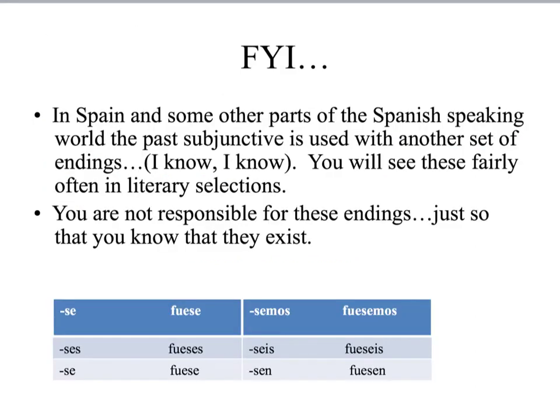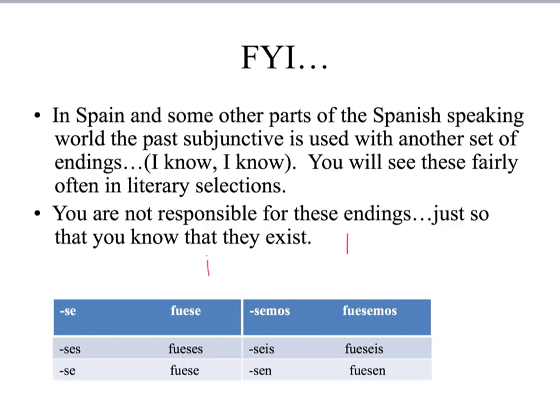FYI, just so that you know, the whole chart didn't show up for you here, but it says in Spain and some other parts of the Spanish-speaking world, the past subjunctive is used with another set of endings. I know, I get it. You'll see these fairly often in literary selections. We are not responsible for these endings, but I just wanted you to be aware that they exist. And actually, now that I'm looking at the chart, they're all there.